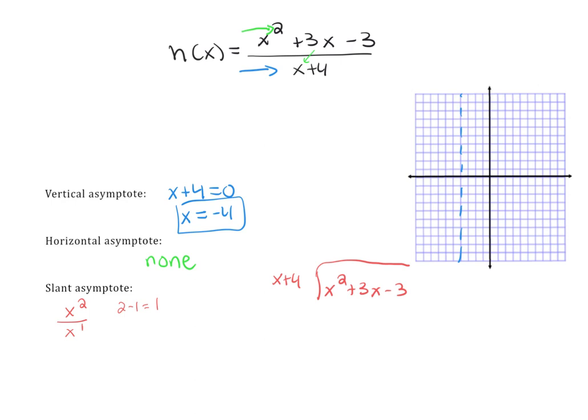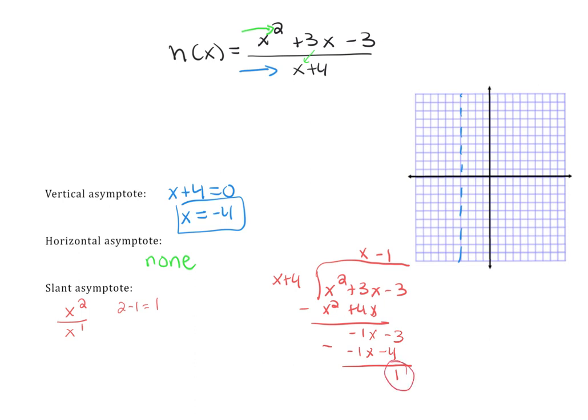So looking at the leading terms, I'm going to have x, so then x squared plus 4x, subtract. -1x, bring down -3. And then I'll have -1 up here, which will give me -1x minus 4, subtract, and I'll have 1. So I have a remainder.